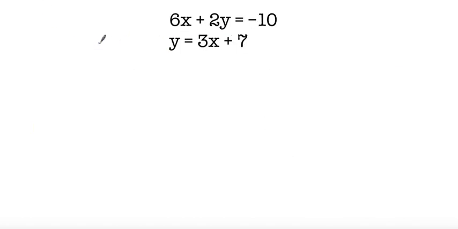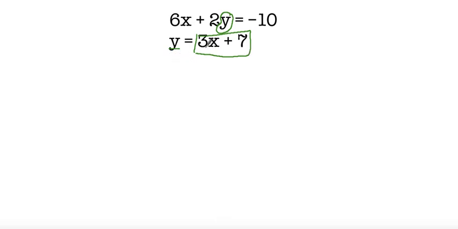Okay, so here we have another example. So 6x plus 2y is equal to -10, and we have y is equal to 3x plus 7. So I usually take the one that's in slope-intercept form because this one is y equals, and I'll substitute this y value for 3x plus 7, just because for this equation we know what y is equal to.